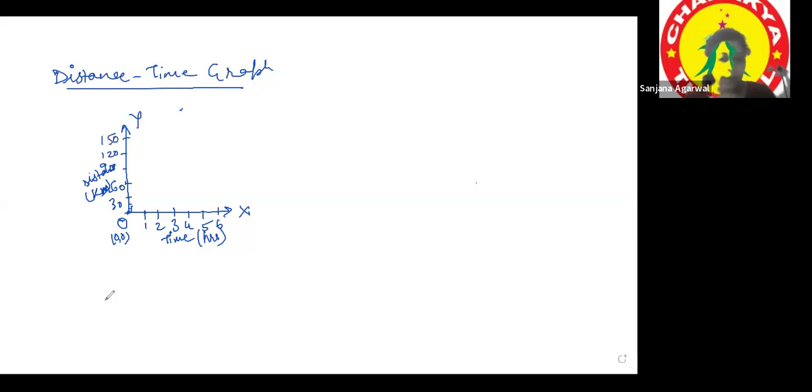Now, a person was moving from, let's say, point A to point B, and on observing the distance covered by him with the time period, what did we note?